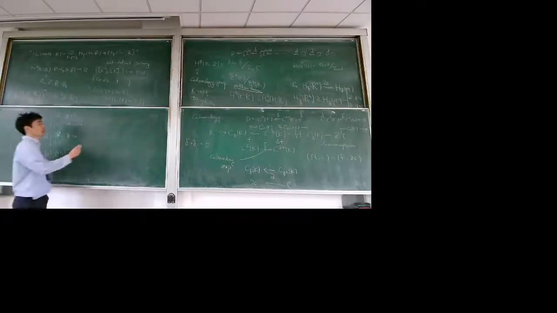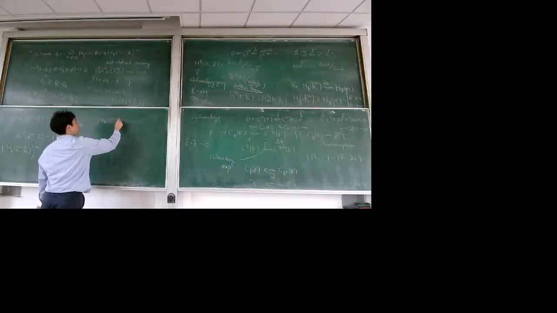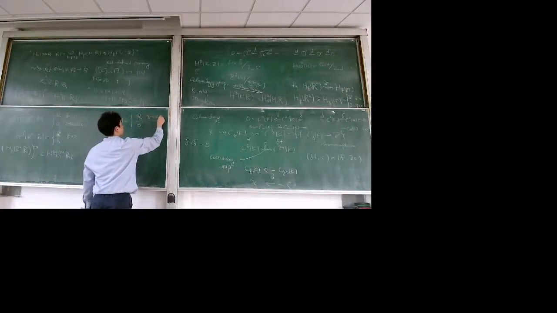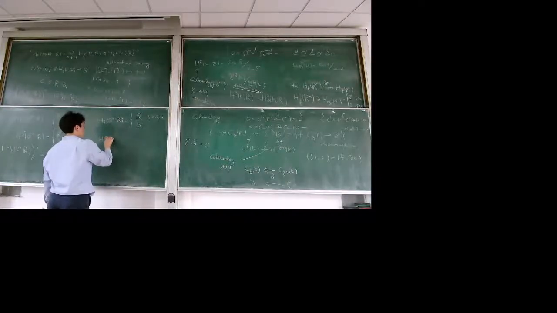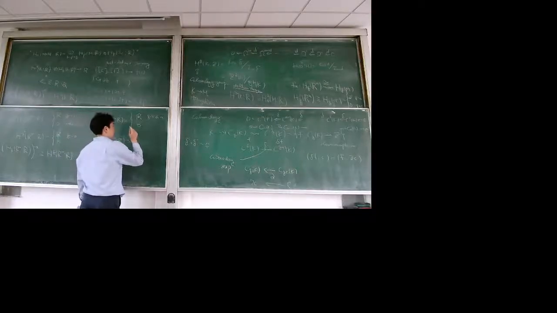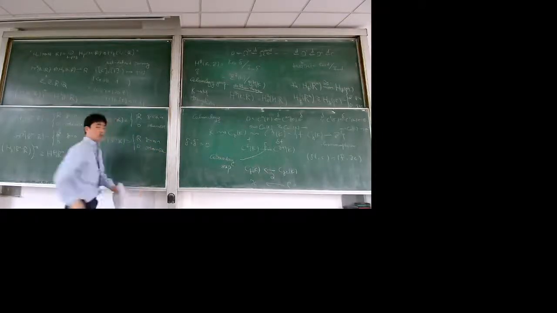So let's look at another example. H_q of S^n with R coefficients is isomorphic to R when q is equal to 0 and n, and 0 otherwise. The same thing happens for cohomology of S^n.